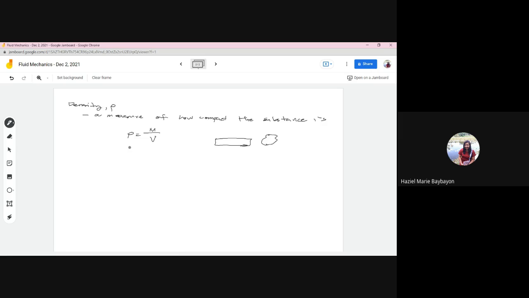So it is like a fingerprint of your material. It is unique for every material.